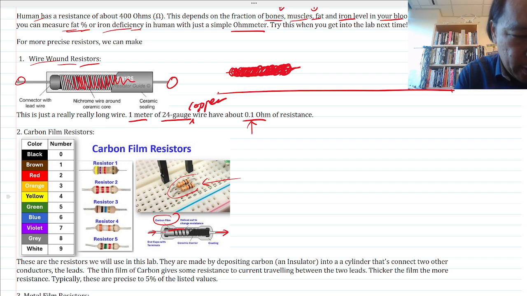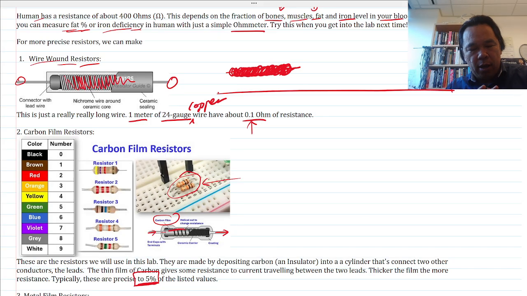These are color coded, so we can see in the lab how we decode this. One way to verify that these are the resistance you want is plugging into an ohm meter. These are not the most precise devices, only precise up to about 5%, because by depositing slightly more carbon or slightly less carbon, you change the resistance substantially.